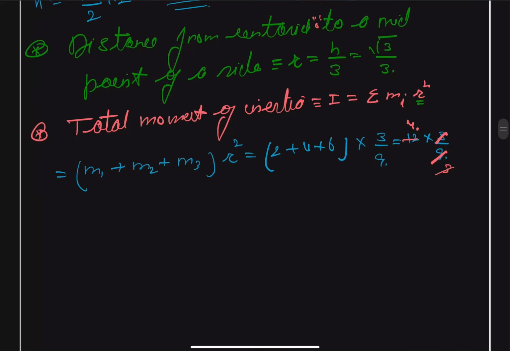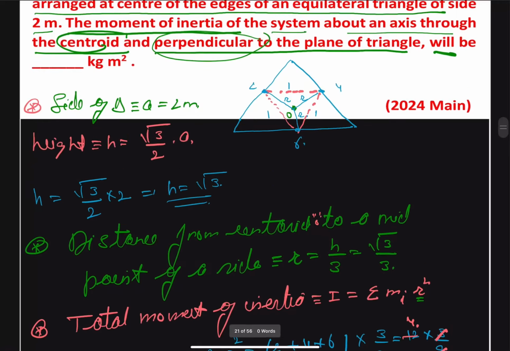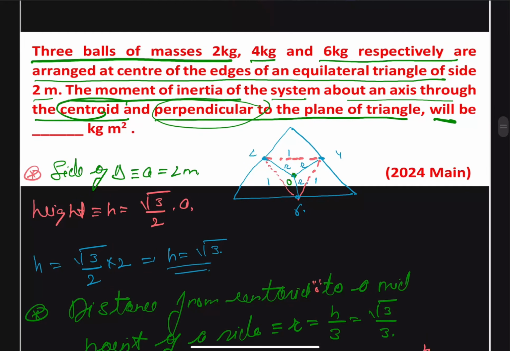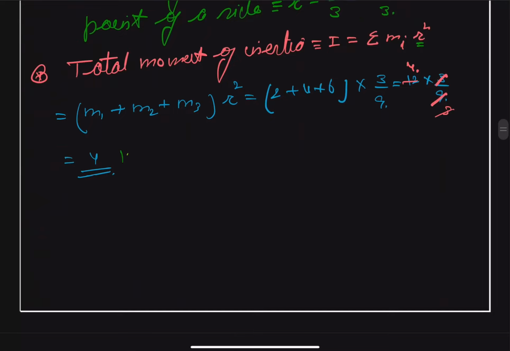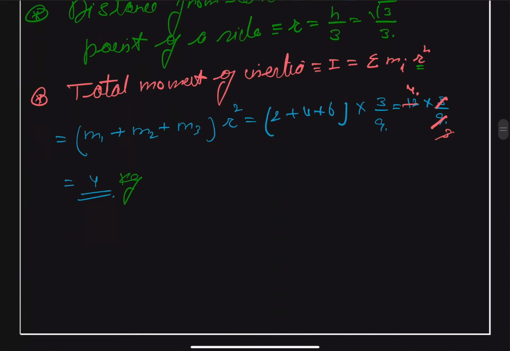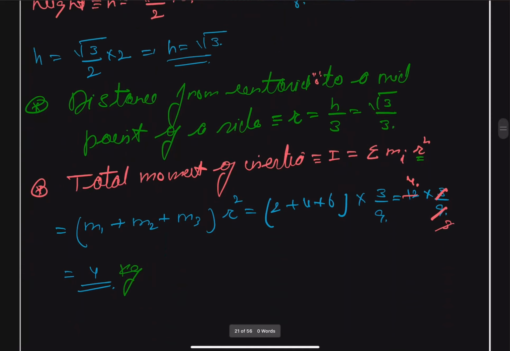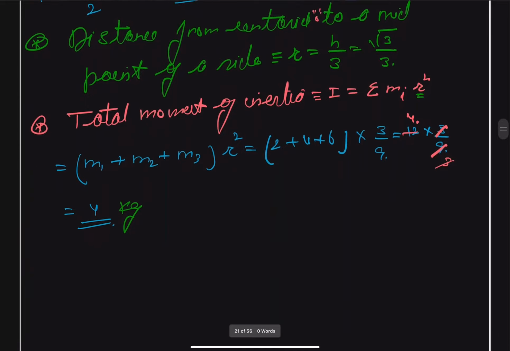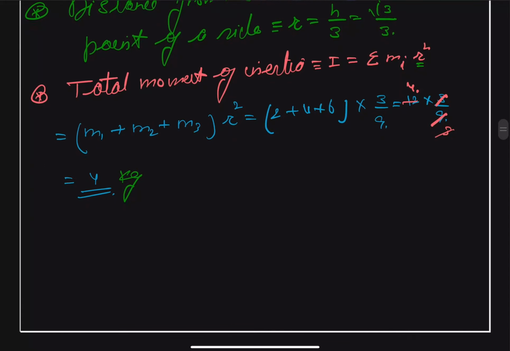So therefore this moment of inertia will be equal to 4 kg meter square per meter square. I think it should be per, I'm not sure. Meter square, because here it is meter square.